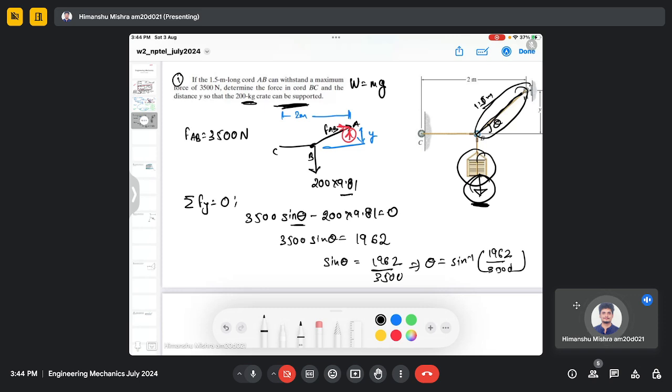When you calculate this, you will get theta as 34.1 degree. So this is your theta.